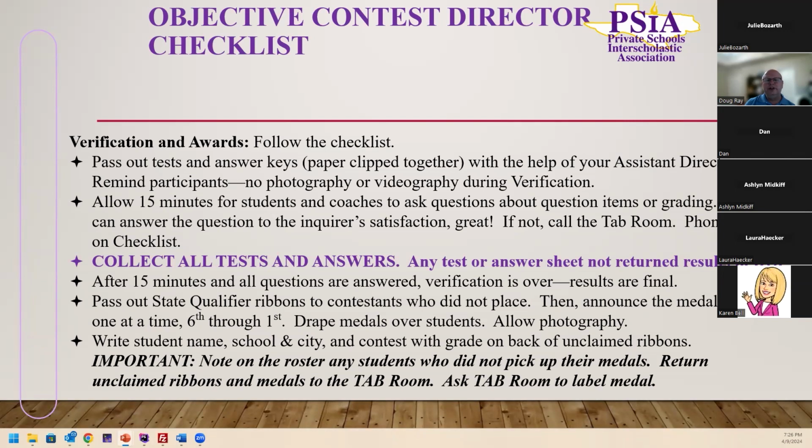What you're supposed to do is announce the state qualifiers in somewhat of a random order. I've done this in different ways in the past. I've gone through the roster and just gone up from the bottom, because in general they don't recognize that you're going from the bottom to the top on the roster, and then you just skip over sixth, fifth, fourth, third, second, and first place.